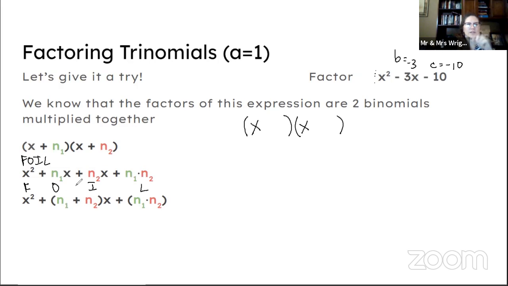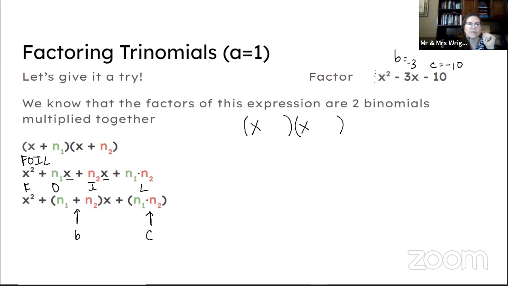That's why it was okay for me to switch up their order, because when you have an x and an x, those are like terms. So we're just going to add the coefficients N1 plus N2. So you can see how that is b. We have an implied a of 1, and then N1 plus N2 is the b, and N1 times N2 is the c. So we can see that the two numbers that we need to find are going to have to multiply to be -10 and then add to be -3.